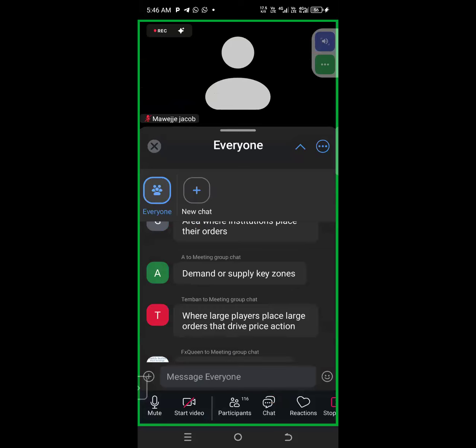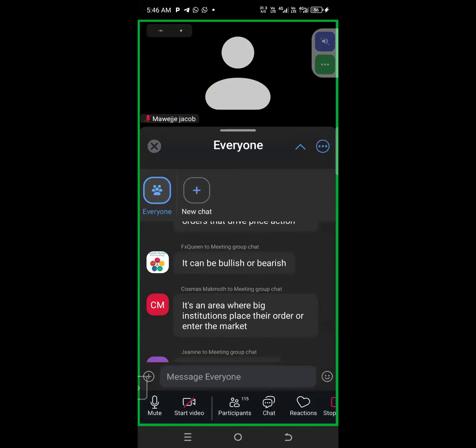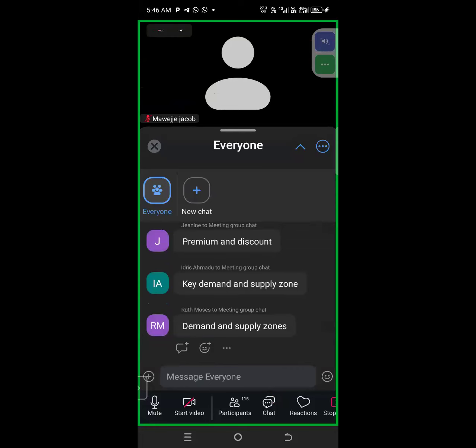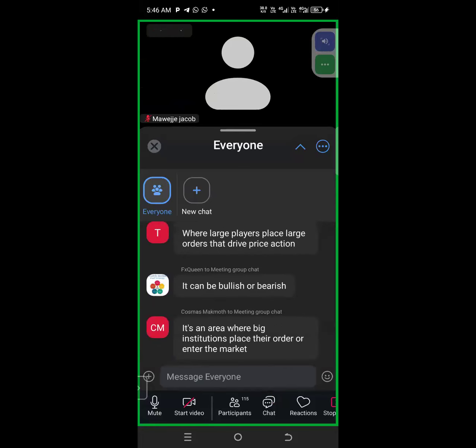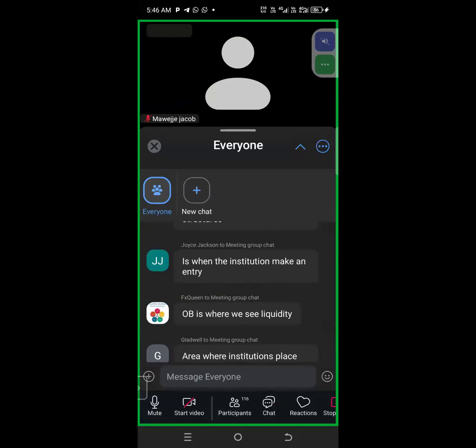Okay. So where large players place large orders that drive price action. It can be bullish or bearish. It's an area where big institutions place their order or enter the market. Premium and discounts. Key demand and supply zones. Okay. So OB is where we see liquidity.